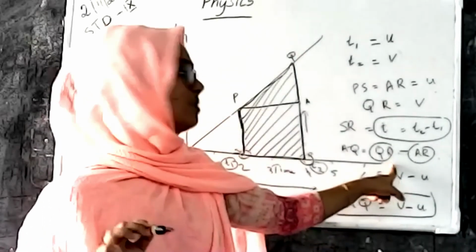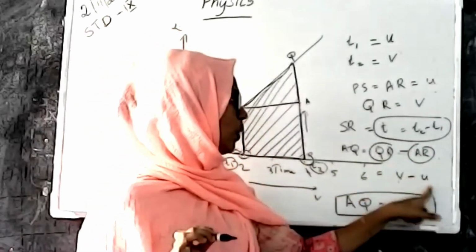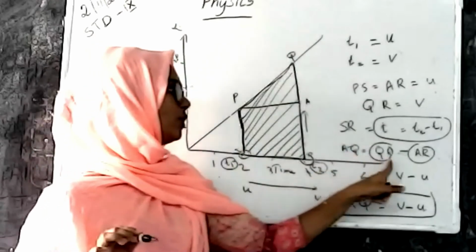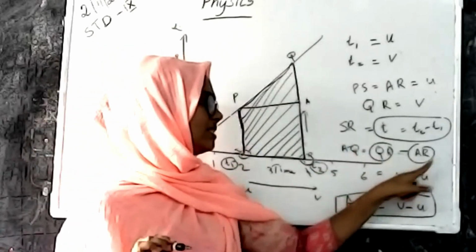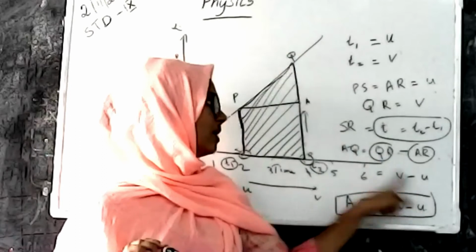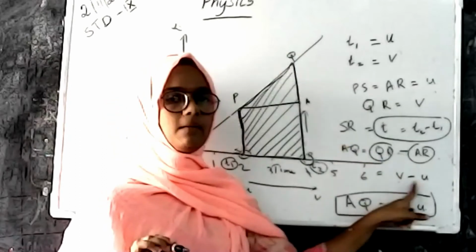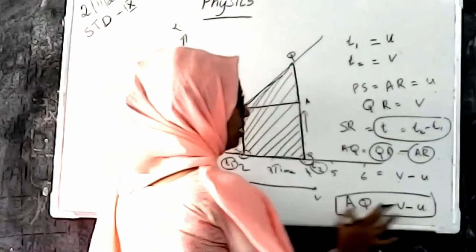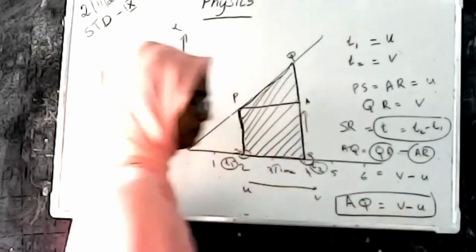From the substitutions we got AR is U and QR is V. So AQ is equal to V minus U.